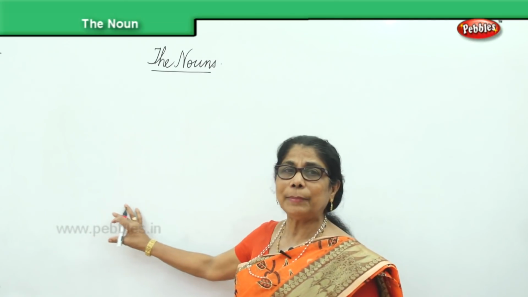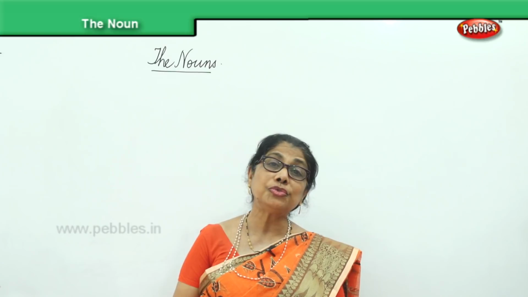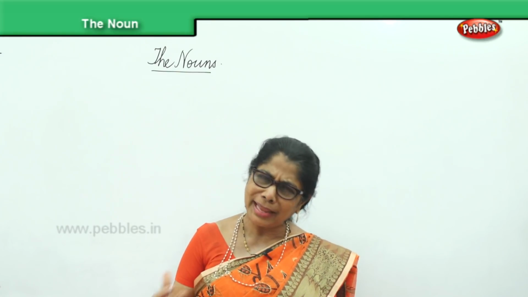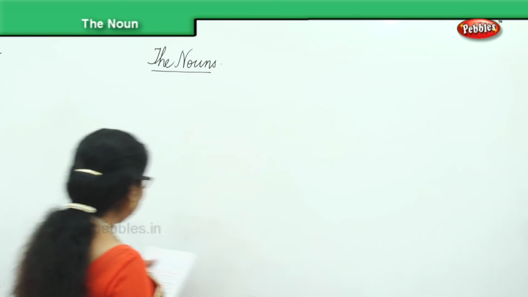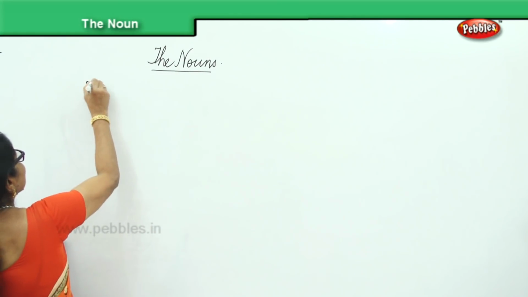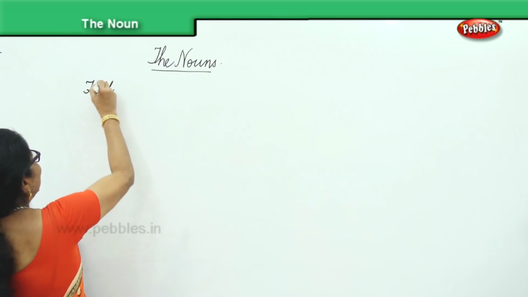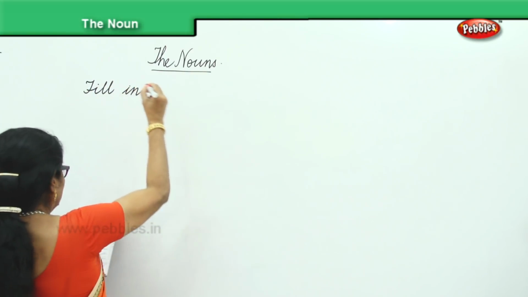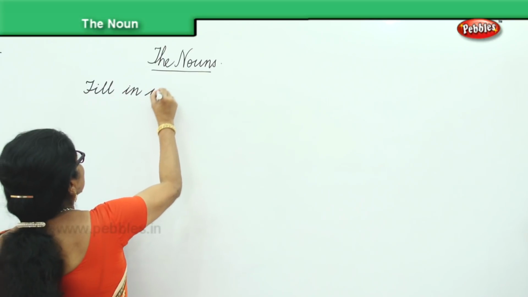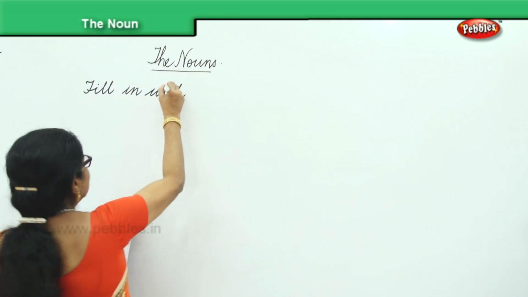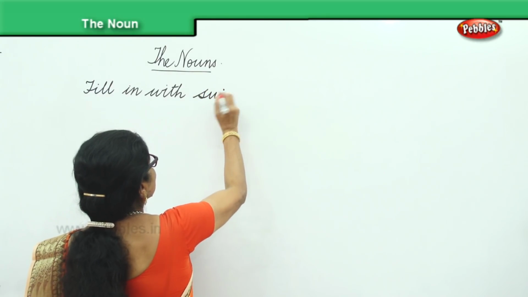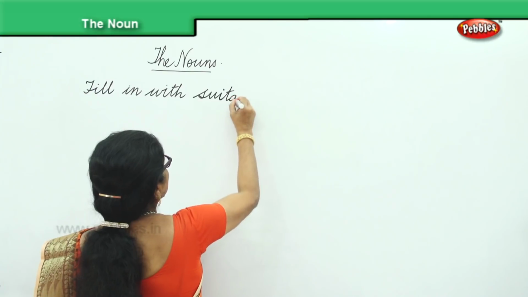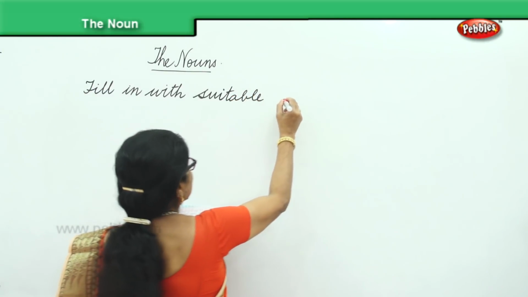Now, I'll give you some incomplete sentences. And I want you to fill in with suitable nouns. You can put any noun just to make sense, complete the sentence. Okay? Fill in with suitable nouns.